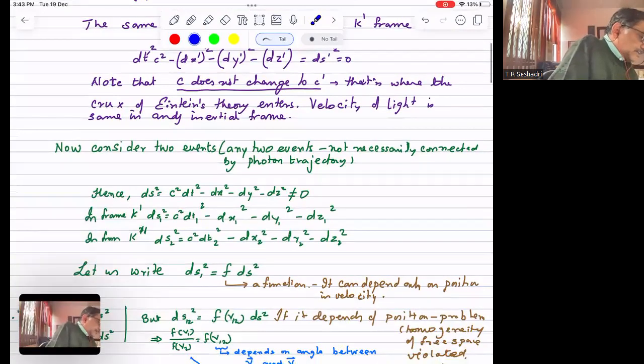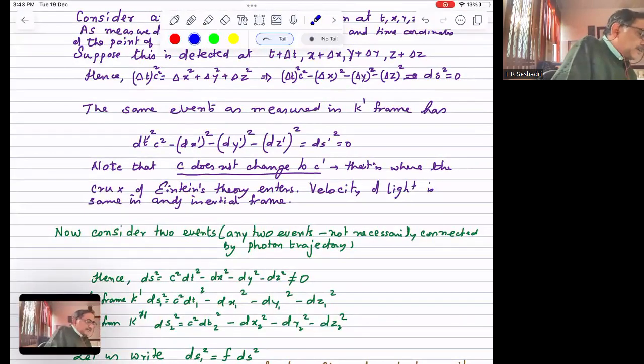And now we consider two events. See, earlier the photon was emitted at t, x, y, z and detected at t plus dt, x plus dx, and so on.